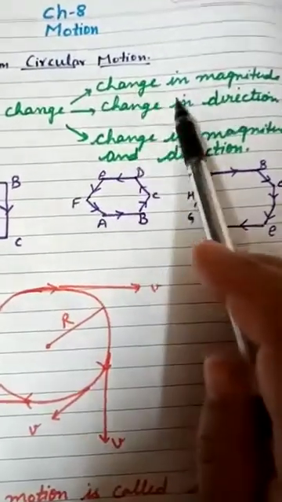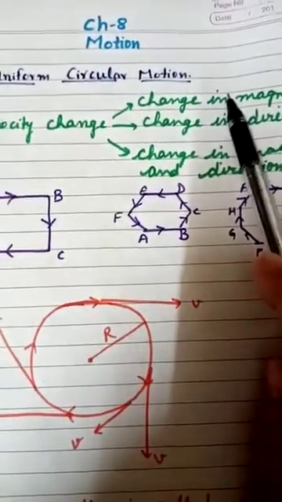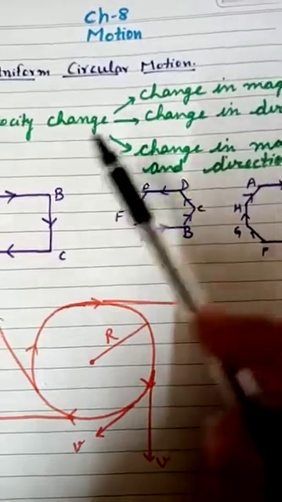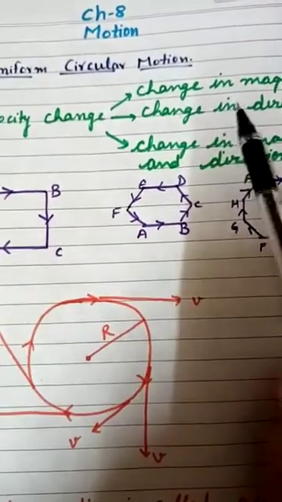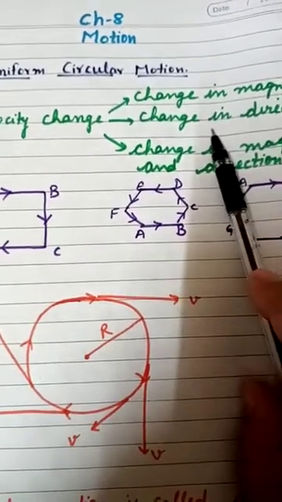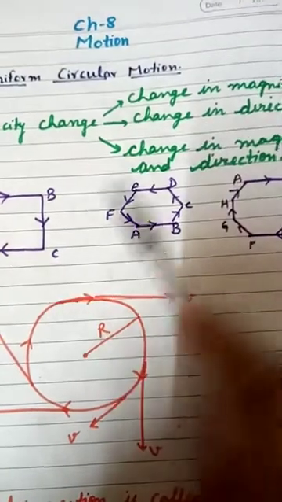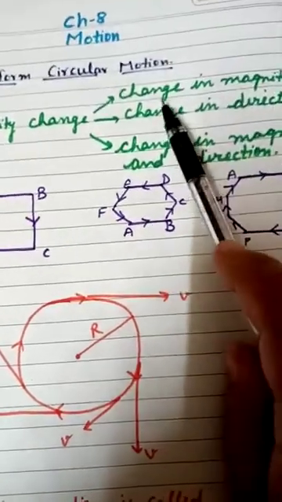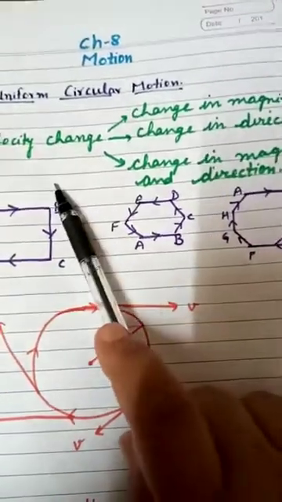First one is change in magnitude, meaning the object is moving in a straight line and its magnitude changes. Suppose earlier it is moving with 10 km per hour, and after some time it moves with the speed of 15 km per hour, still in a straight line. Here there is a change in magnitude, and because of this velocity changes.